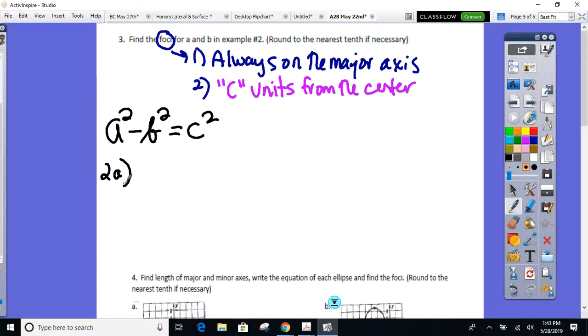So I'm going to do 64 minus 25 equals c squared. And as a rule through the entire unit, let's just round to the nearest tenth when you find that c value. All right, round to the nearest tenth when you find the c value.